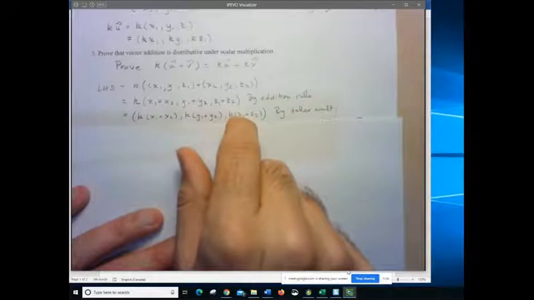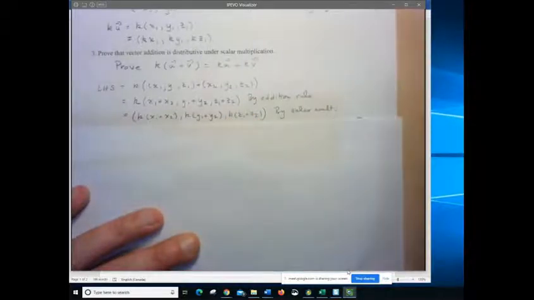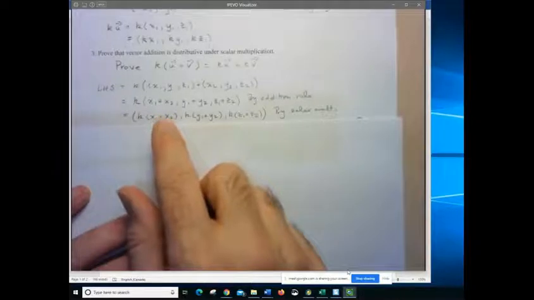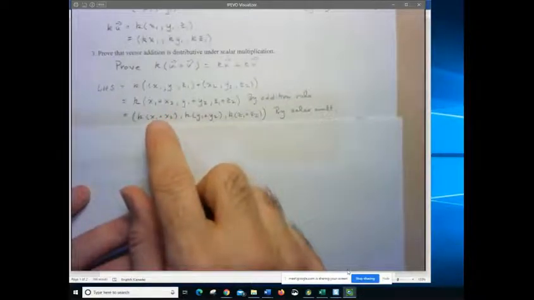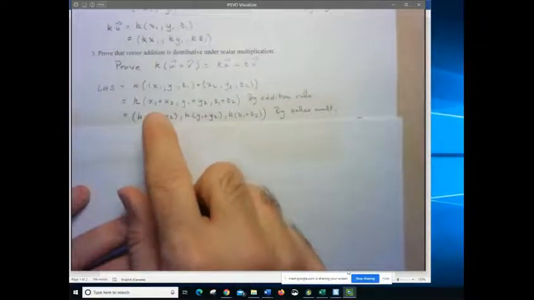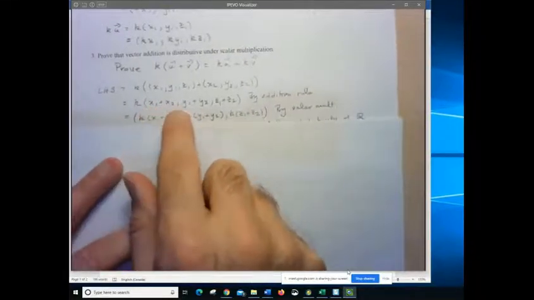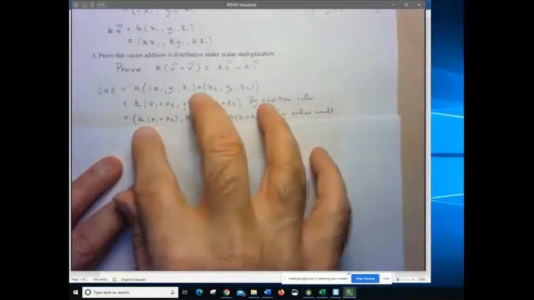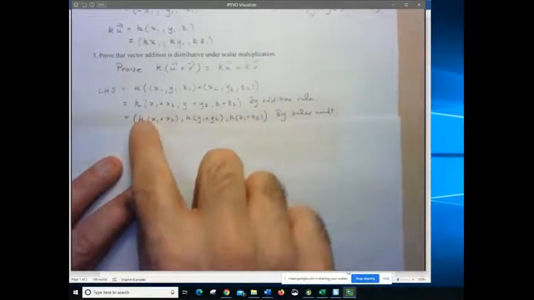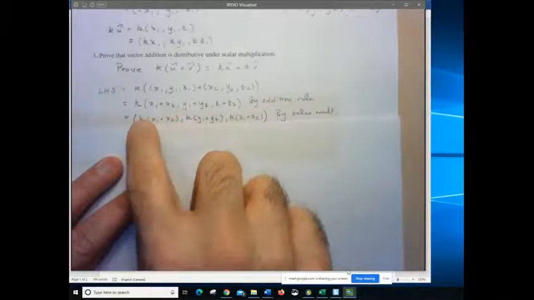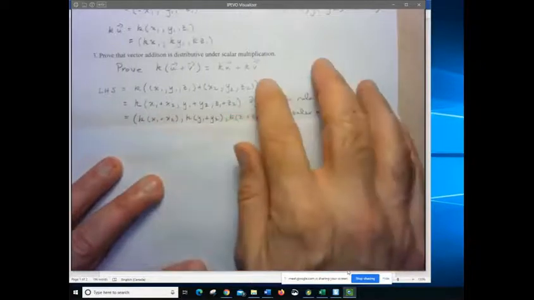And this is where I can make use of what I know about real numbers. I know that real numbers follow the distributive property. So now I'm no longer working with vectors. I'm just going to work with this individual component. In this individual component, k is a real number, x1 and x2 are just real numbers, hence they're distributive. So I can apply my distributive property for real numbers.